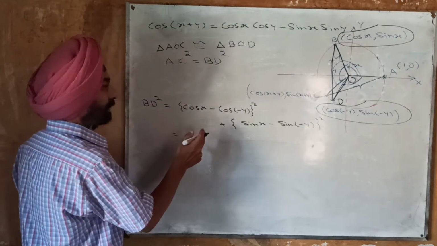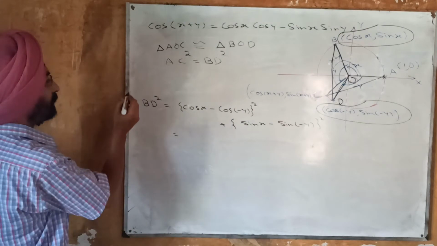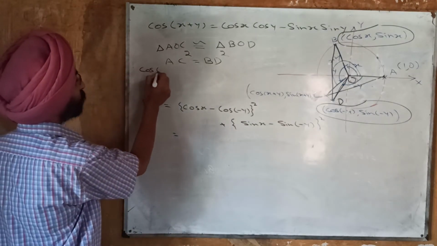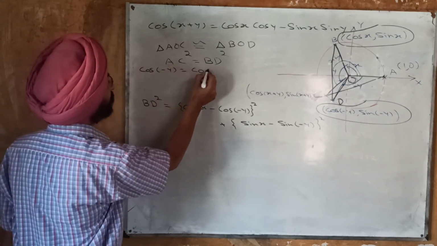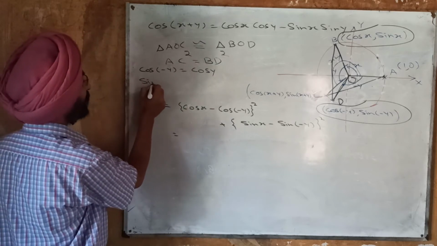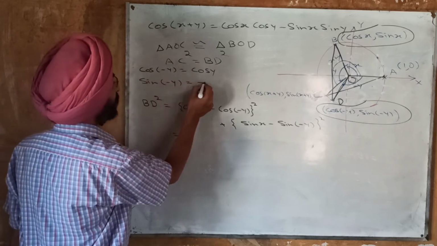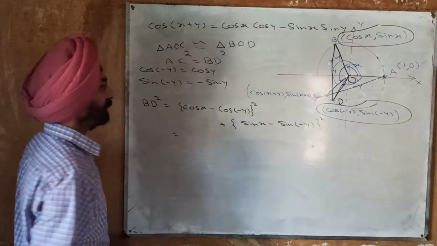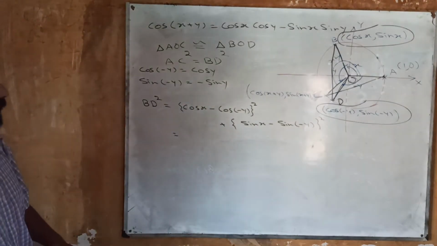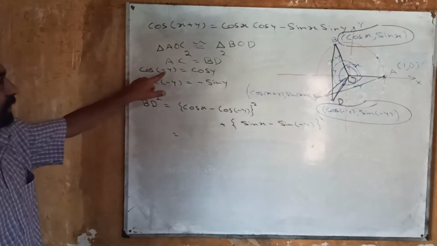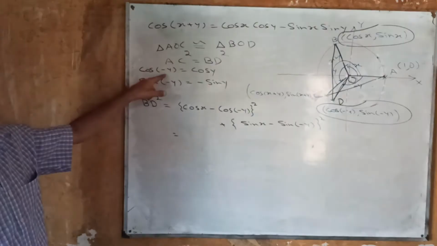You will get one more thing to keep in mind, that cos of minus y is cos y and sin of minus y is equal to minus sin y. These two relations you can have by considering the angle minus y as 360 minus y.